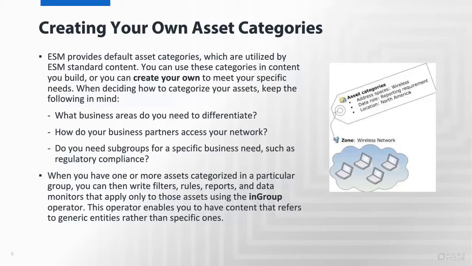The asset categories are then used within the various types of content, such as a filter or a rule, by using the in-group dialog within the CCE in order to leverage the evaluation back into your asset categories. This is a way that, for example, if you were to look and say that the asset is in a group where the port is known to be open in order to drive a correlation, for example, or in order to bring a particular group of assets forward in a dashboard.